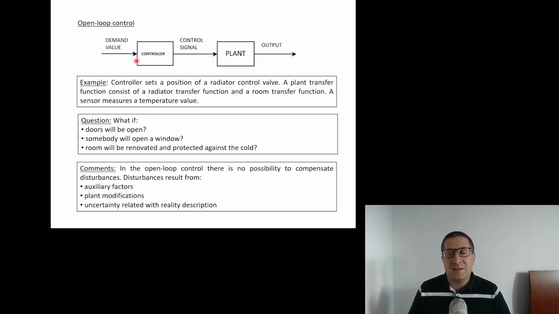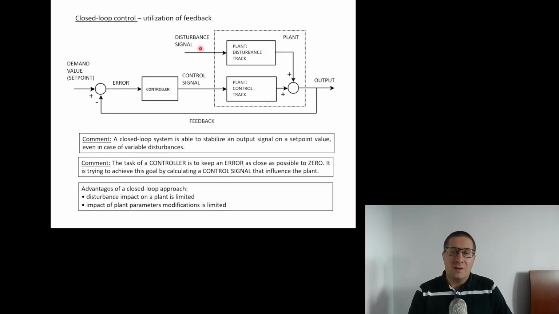And then it can decide what to do. Maybe open, maybe close, or maybe keep this particular level of the valve opening. In order to give the controller this information, what is the current output value, we need to change this architecture.